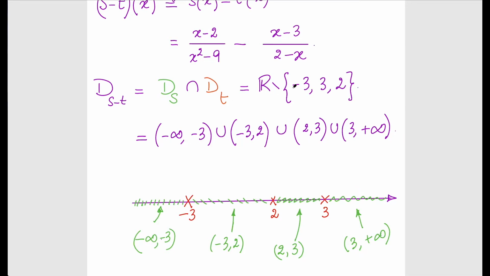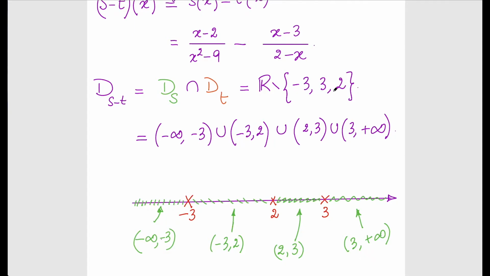Correct? So we get this as a domain written in interval notation. You may also write it using set theoretic minus, or you can write it using your own words. You may ask again the question, should I write 2 before 3 here? And don't forget, if you are listing the elements within a set, you can permute the elements, you can shuffle them around.